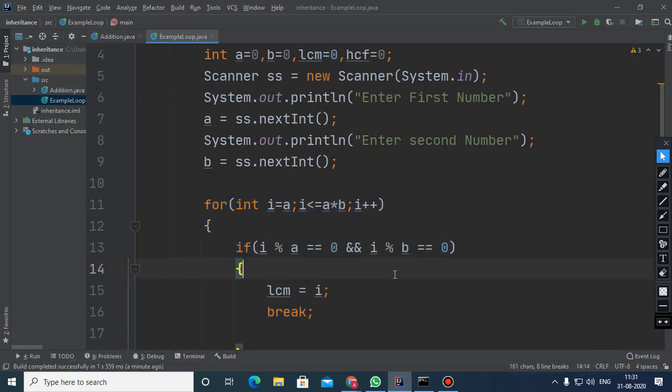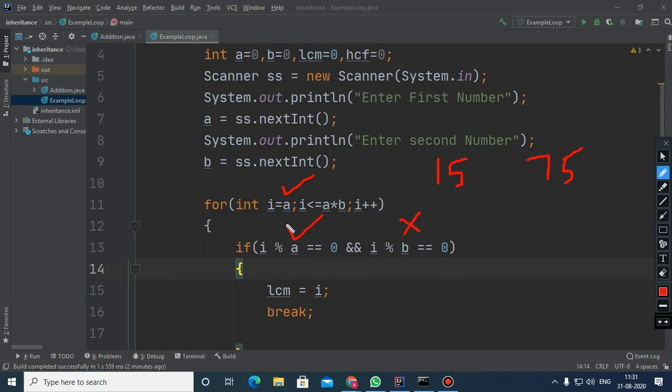Okay children, now see. Suppose you have entered two numbers, one is 15 and another is 75. You started this loop from 15. 15 mod 15 is 0, so this condition is true, but this condition is false, because 75 mod 15 is not 0. So i will become 16.